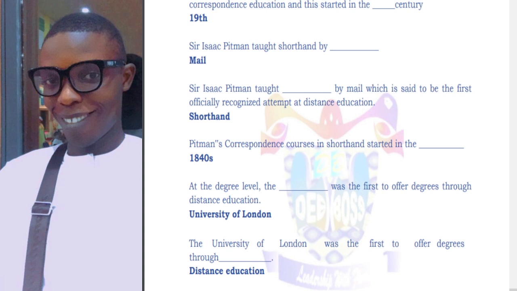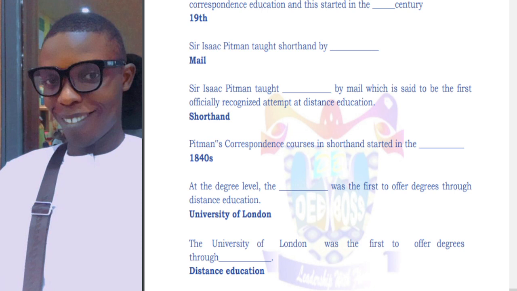So, as I said earlier, find out what years were known to be the period of the 19th century. So in the 19th century, we had the first attempt at distance education. Or the earliest.